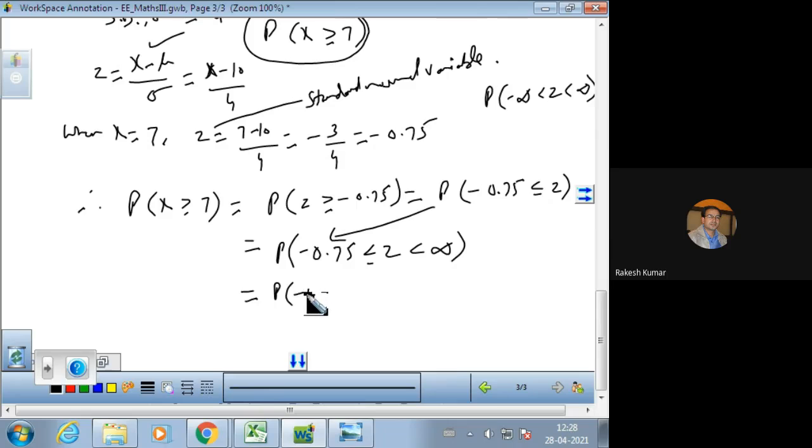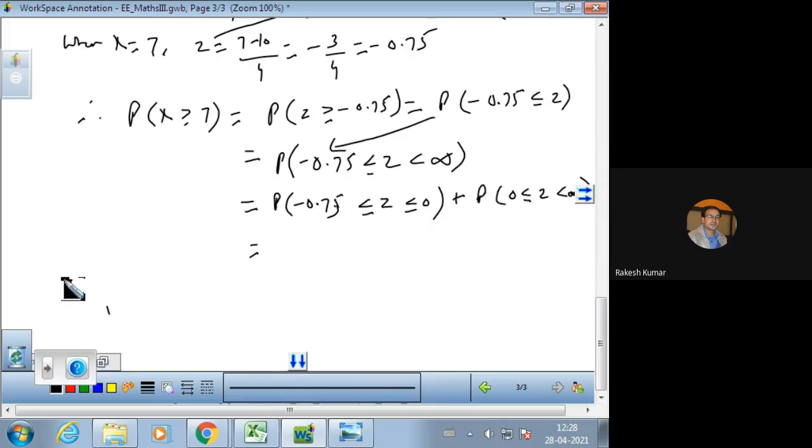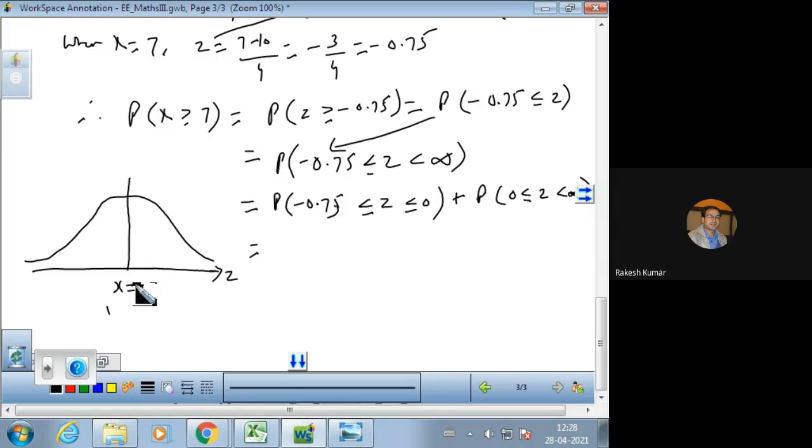So probability negative 0.75 less than or equal to z less than or equal to 0 plus probability 0 to infinity. And we know that in the normal curve, when you plot the normal curve, this is z and this is the mean position, x is equal to mu and your standard deviation is sigma.